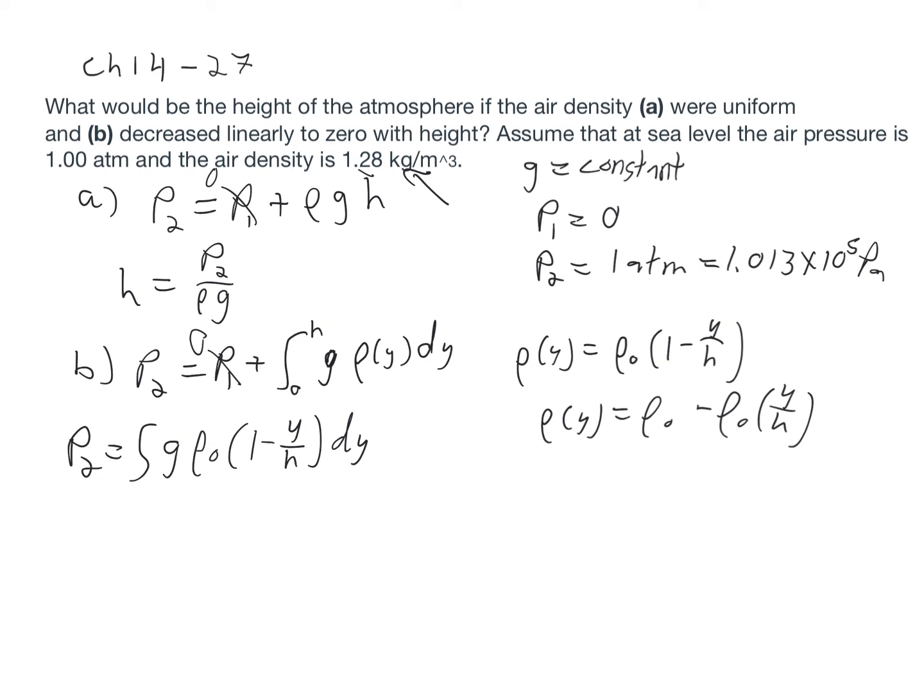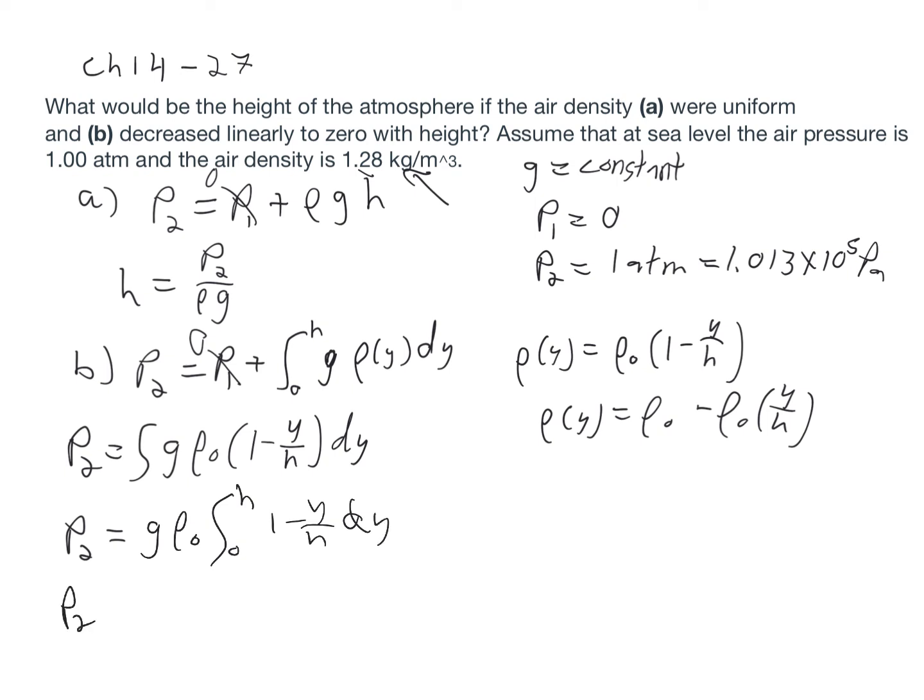It's kind of interesting what you end up getting out of this integral. Since the first part is all constant, you're just going to get G times rho initial, which you could factor out. Let's do it this way: G times rho initial, the integral from 0 to h of 1 minus y over h dy.